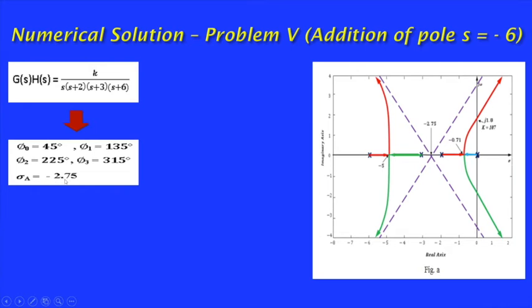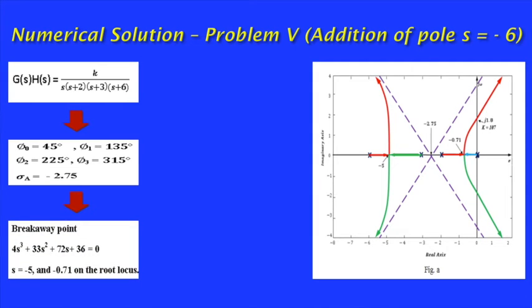We get minus 2.75. Then draw the centroid of asymptotes and draw 4 asymptotes. This angle is 45, this angle is 135, this is 225 and this angle is 315 degrees.